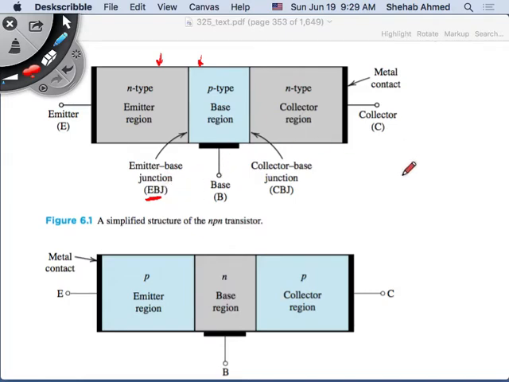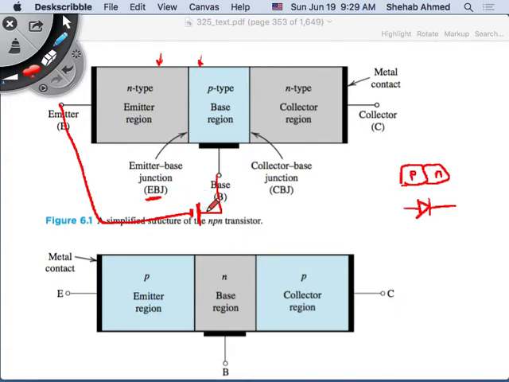Okay, this is my diode, right? PN. How do I make this diode forward biased? To make it more positive on the P side. So if I put a more positive voltage on the P side with respect to the N side, then this becomes forward biased.